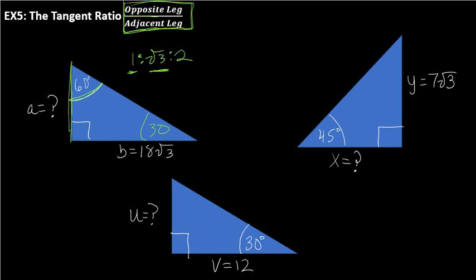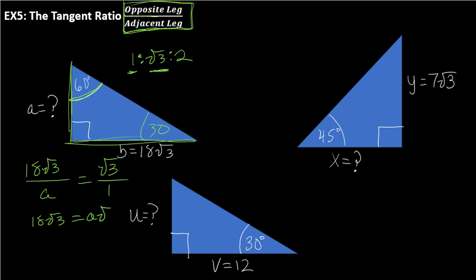So that means we're going to say long leg, or opposite leg, is to adjacent leg as opposite leg is to adjacent leg. Cross multiply, 18 square root of 3 equals a times the square root of 3. Divide by square root of 3 on both sides, we get a equals 18. So this missing leg here is 18.